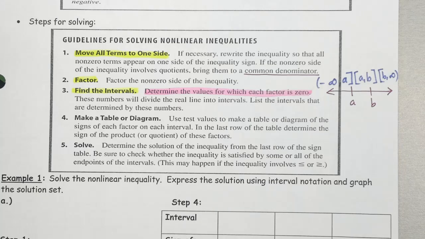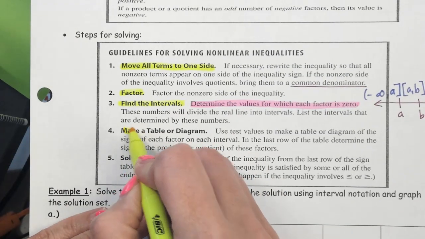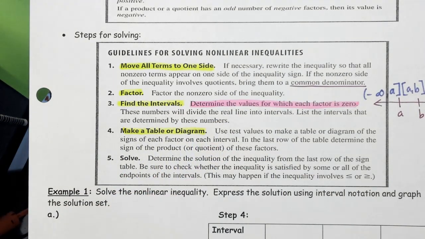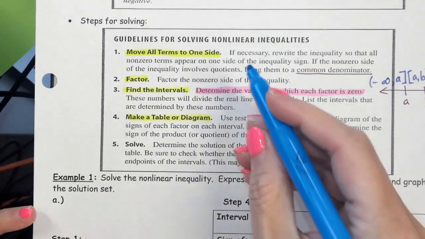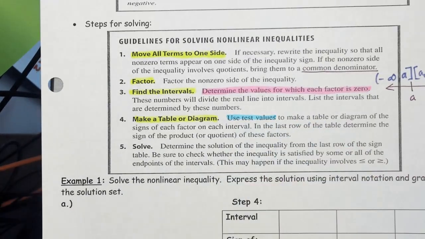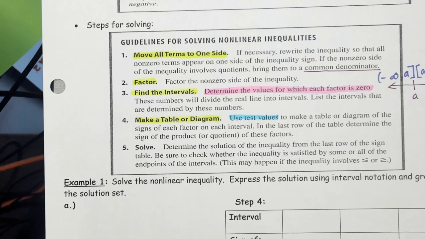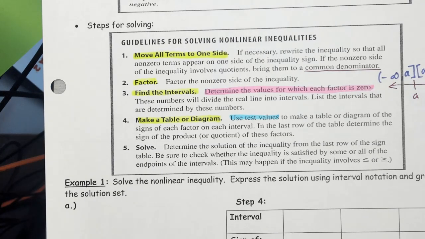And then we're going to make a table or a diagram. So we're going to use what we call test values in our table or diagram, and we're going to use the signs. Okay, so we're going to use these test values to make a table or diagram of the signs of each factor.